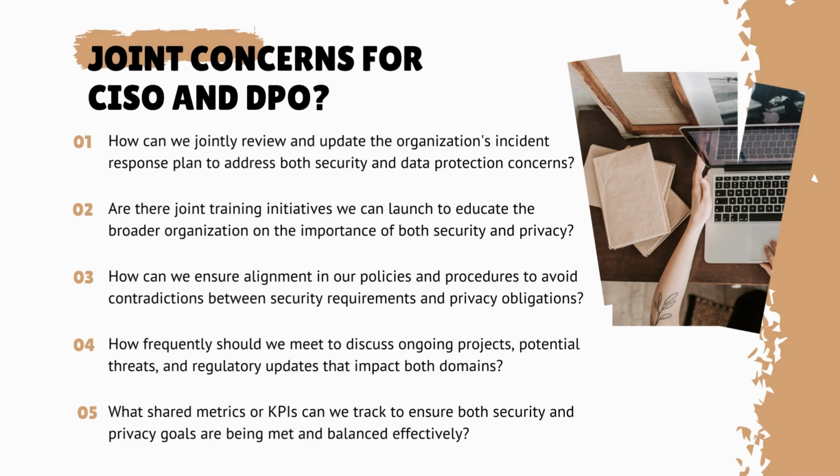Question number three: how can we ensure alignment in our policies and procedures to avoid contradictions between security requirements and privacy obligations? Question number four: how frequently should we meet to discuss ongoing projects, potential threats, and regulatory updates that impact both domains? The final question, number five, is: what shared metrics or KPIs can we track to ensure both security and privacy goals are being met and balanced effectively?